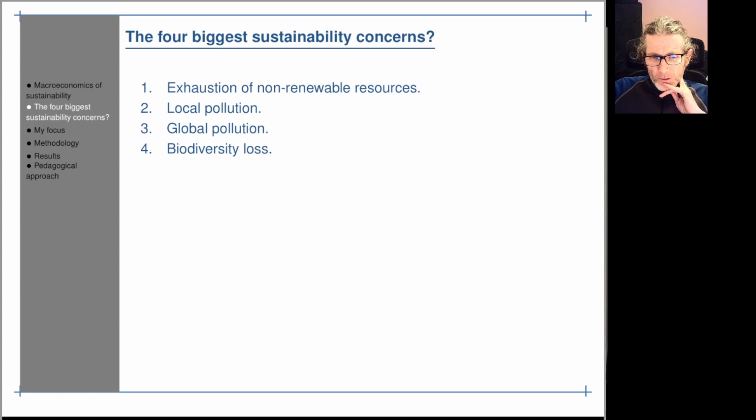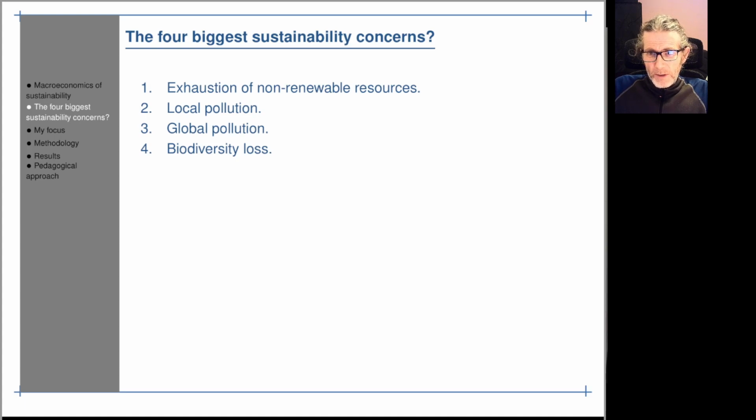The exhaustion of non-renewable resources, local pollution, global pollution, and biodiversity loss. So, exhaustion of non-renewable resources, it's pretty clear what that's all about. It was actually, as we'll see, a huge concern in the 70s. It's very much fallen off the agenda since then.